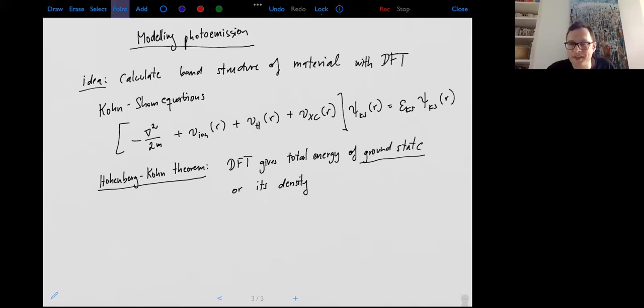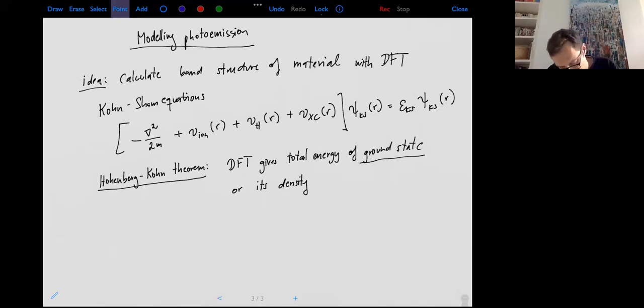Now that should also ring some alarm bells, because if you go back to the other fundamental part of DFT, the Kohn-Sham approach, you will remember that these Kohn-Sham electrons, whose wave functions are the Kohn-Sham wave functions, aren't the real electrons, right? They are a fictitious set of electrons that are just very convenient objects mathematically, but they do not really have any physical reality. So they're different from the true electrons that we remove and add to a material.